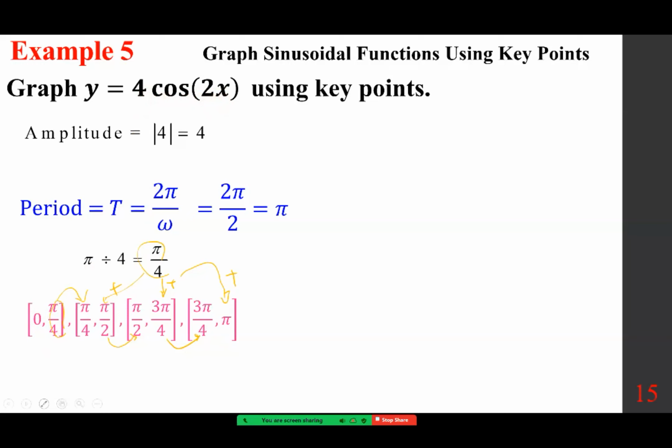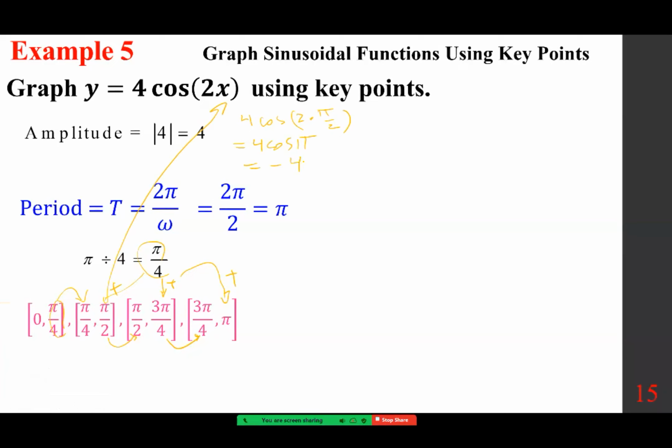Again, just as an example, I want to make sure we understand that. If I put pi over 2, I get 4 cosine of 2 times pi over 2, which is 4 cosine of pi. Cosine of pi, we should know it's negative 1, so minus.